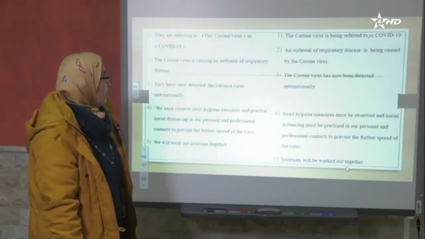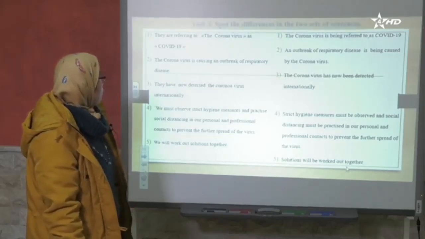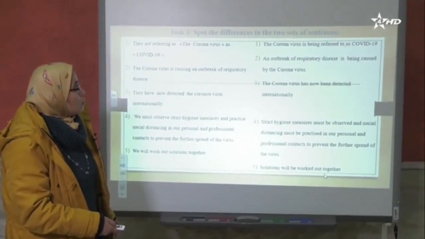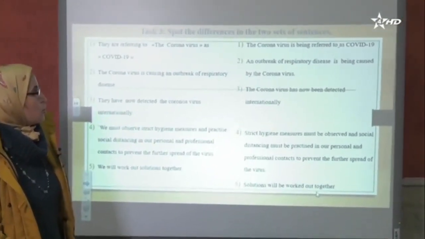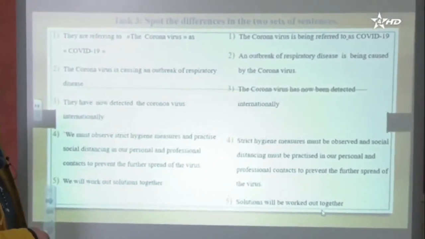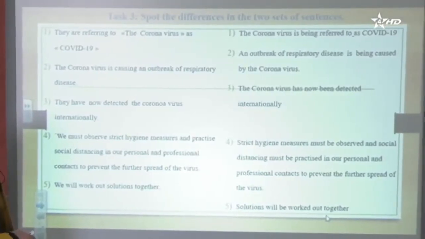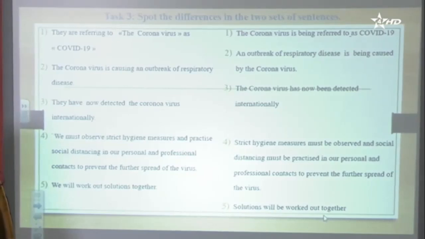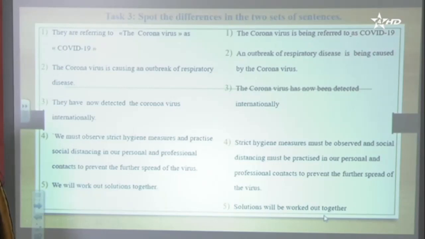So the doer in these sentences or statements is unknown. Now, let's look at these two sets of sentences or statements to spot the differences between the two. They are referring to the coronavirus as COVID-19. The coronavirus is being referred to as COVID-19. What are the differences between these two sentences?